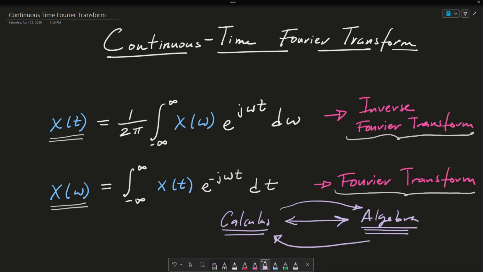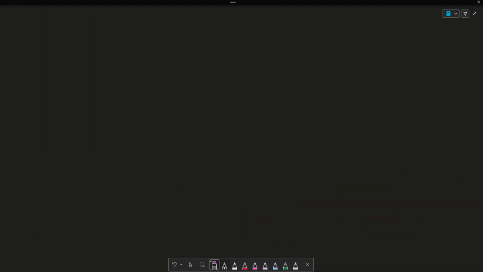So in order to explain the continuous time Fourier transform clearly, I'm going to take two examples, and I'm going to analyze these two examples in order to generate these two equations here. So for my first example, let me call it example number 1.